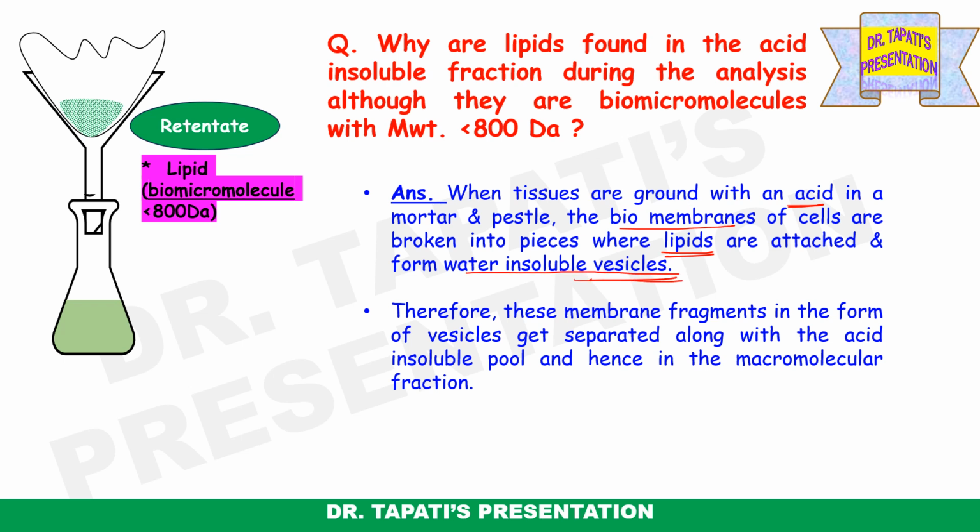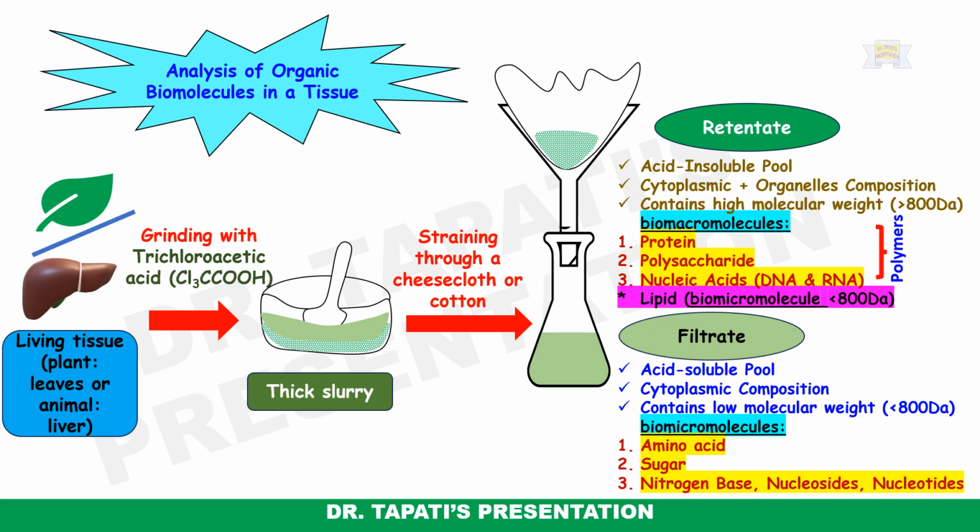Therefore, these membrane fragments in the form of vesicles get separated along with the acid insoluble pool or retentate part, and hence appear in the macromolecular fraction, although it is a biomicromolecule with molecular weight less than 800 Dalton.